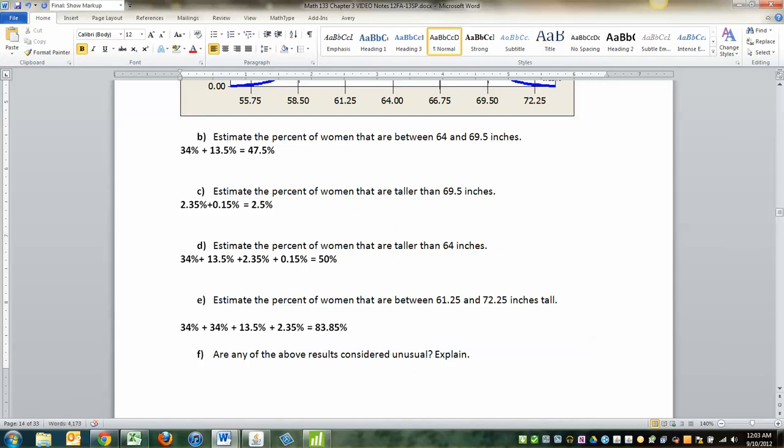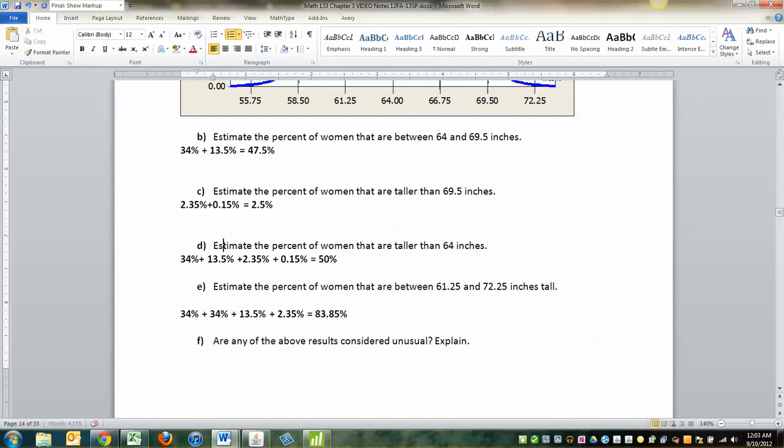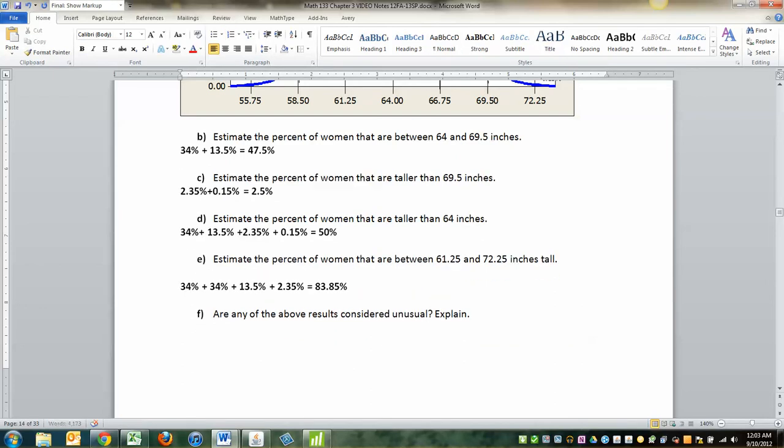Now, are any of the results above considered unusual? Why, yes. Yes, they are. And it's this one right here for letter C. So, yes, being taller than 69.5 inches is unusual because less than 5% of women are that tall.